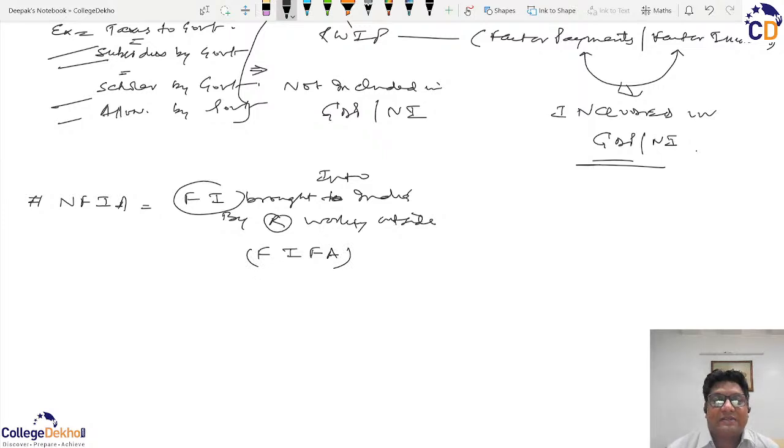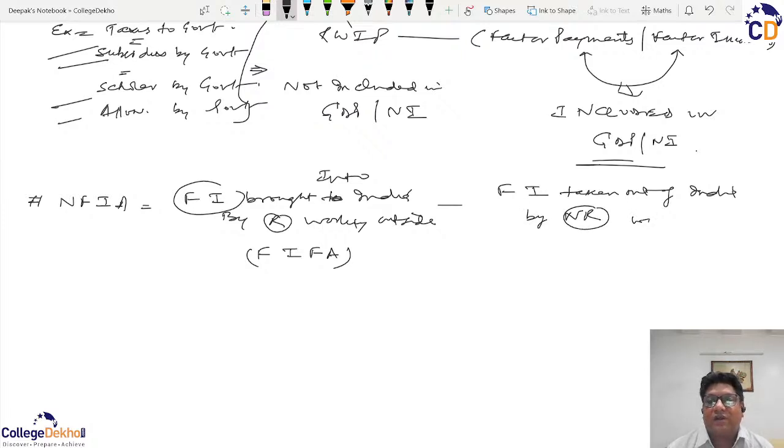And I said excess of this over, so it means this minus the factor incomes that have been taken out of India. यानी कि इंडिया से बाहर लेके चले गए, फॉरेन इनकम टेकन आउट ऑफ इंडिया बाय नॉन रेजिडेंट्स वर्किंग इन इंडिया. तो जो नॉन रेजिडेंट्स इंडिया में काम कर रहे हैं और वो इंडिया से जो बाहर लेके चले गए, इसे शॉर्ट में क्या बोलते हैं, फॉरेन इनकम टू अब्रॉड, that is the FITA.